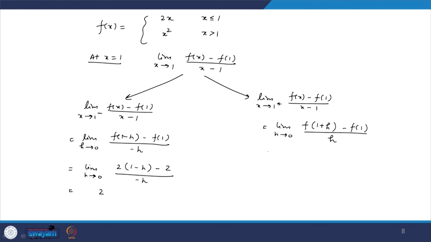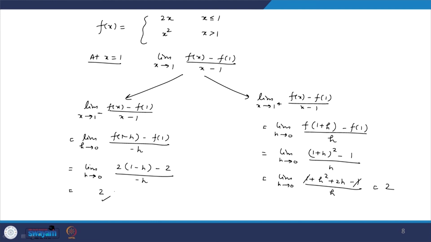Now, for 1 plus h, it is more than 1, so f is x square. Then it is limit h tending to 0 of ((1 plus h) whole square minus 1) upon h, which is (1 plus h square plus 2h minus 1) upon h, and the 1 cancels out, and this is also equal to 2.